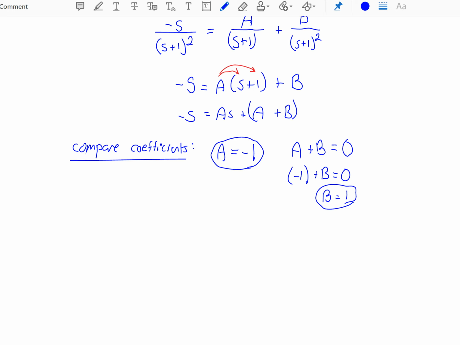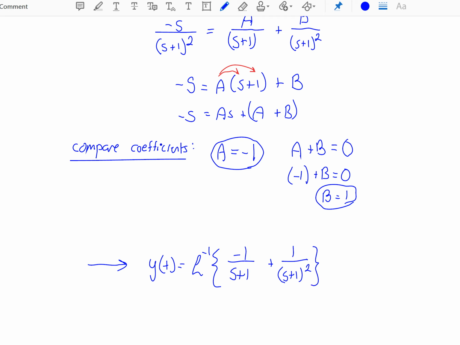Which allows us to now write our solution as y of t as the inverse Laplace of negative 1 over our first linear factor s plus 1, plus 1 over both of our linear factors s plus 1 squared.